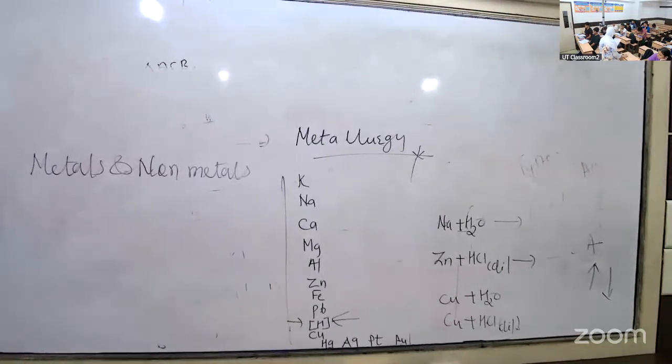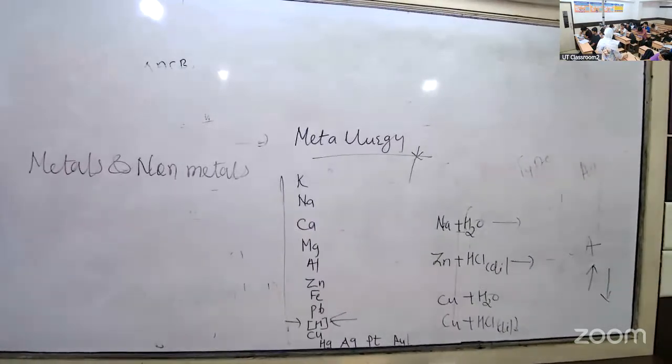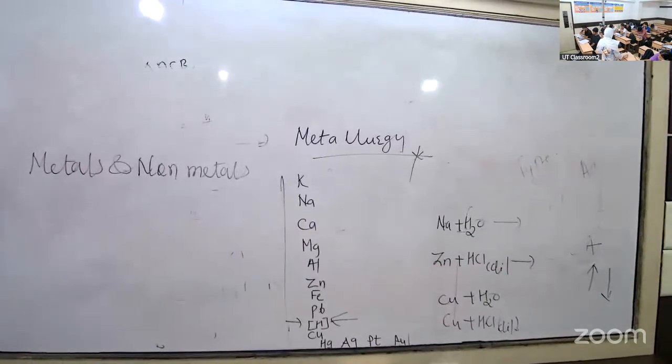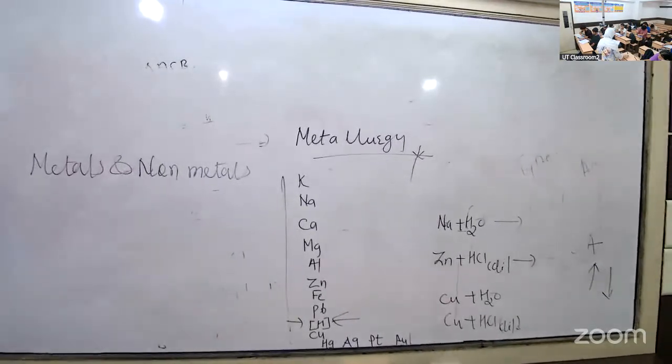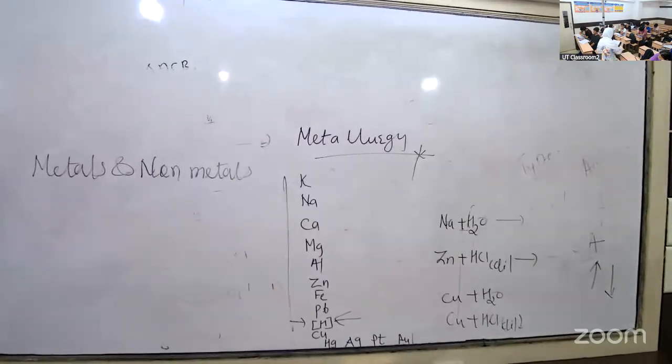The first one, it is 2Na plus 2H2O giving 2NaOH plus H2 gas. H2 gas, either you write G or normally it is represented by an upward arrow. Then next one.